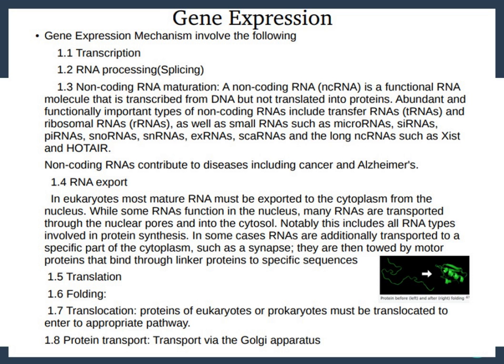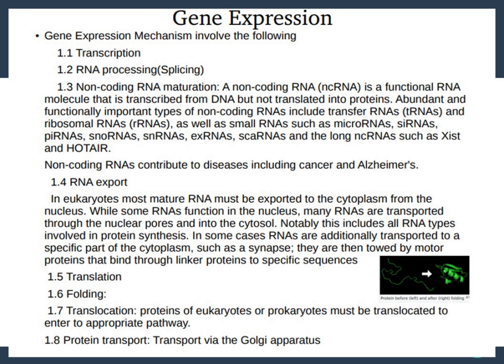Then RNA export. In eukaryotes, most mature RNA must be exported to the cytoplasm from the nucleus. While some RNAs function in the nucleus, many RNAs are transported through the nuclear pores and into the cytosol.